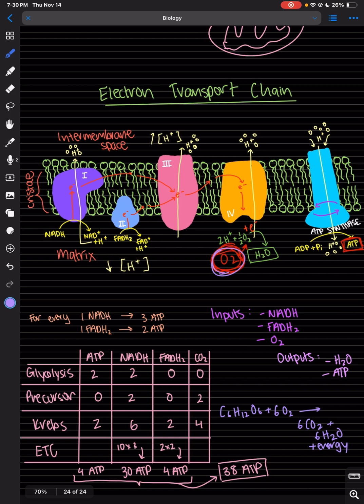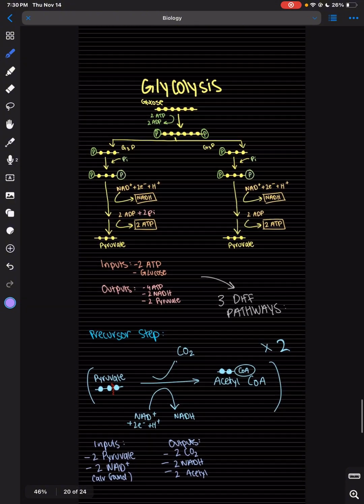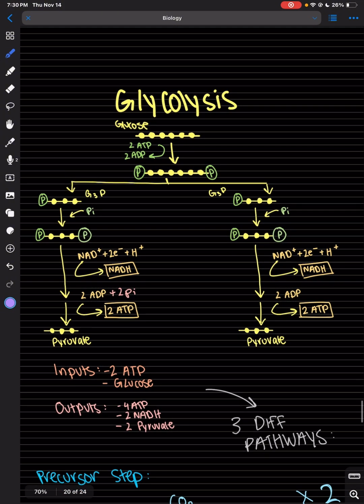So that's pretty much the whole thing. There's not really anything else you have to go over, but I'll review everything for you. In glycolysis, something I noticed at our review session is that people were confused about why ATP is made from the NADH. In glycolysis, ATP can only be synthesized after NADH is synthesized.